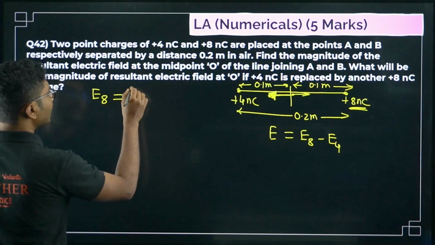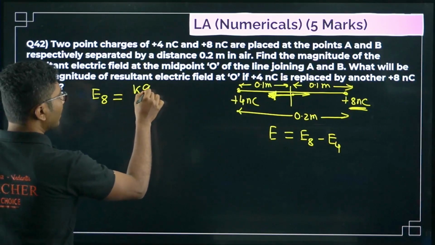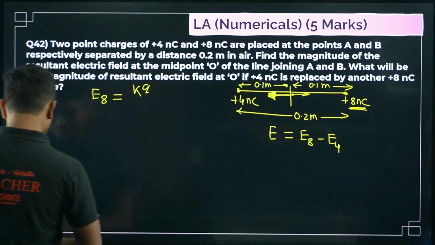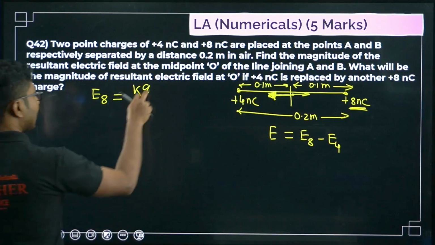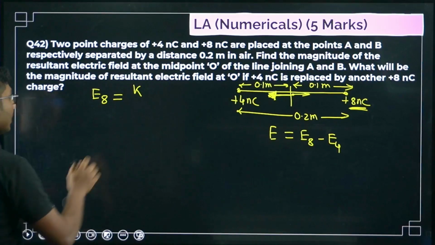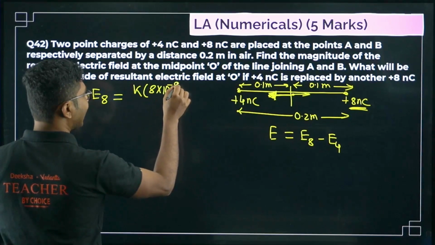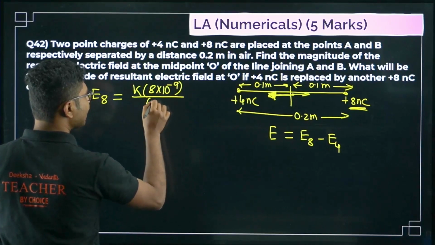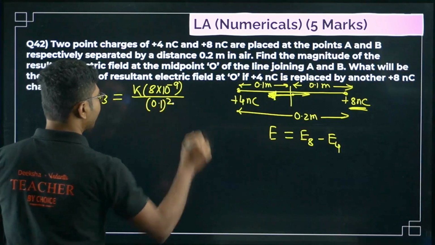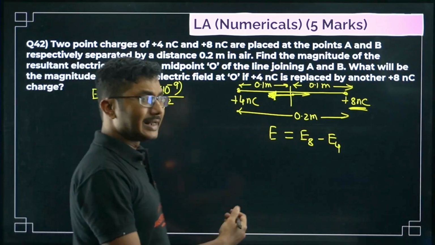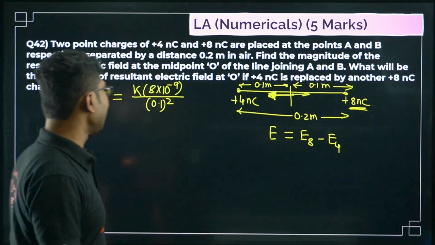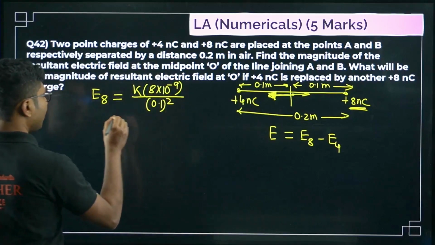So E8 is equal to KQ, let me write the charge itself directly: K times 8 into 10 to the power of minus 9 divided by R squared. R is 0.1, whole squared. At the beginning you can just write the formula in one line, and then you can start from this value.